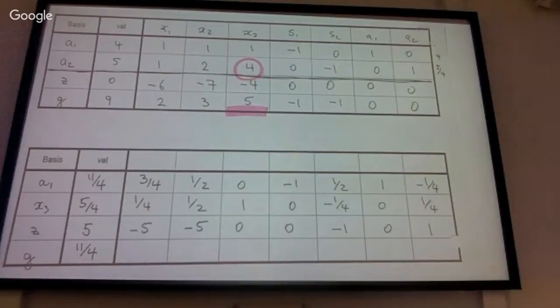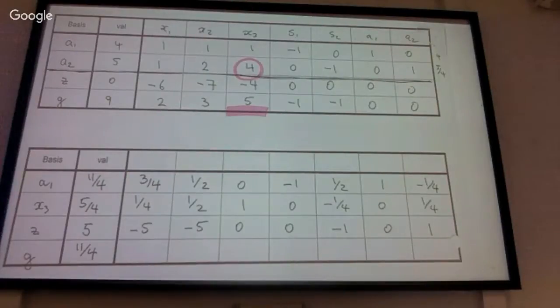So the way you get this is, in my case, the Z row is quite simple.